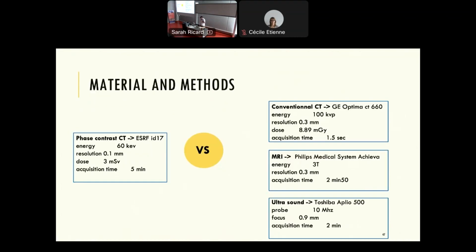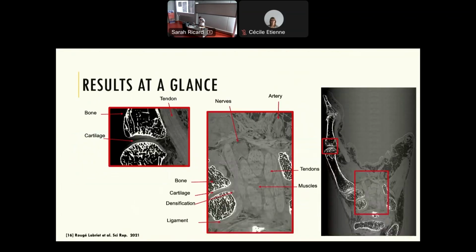And we compared those images with the conventional CT, with MRI, and also ultrasound, but I will not show you images of this.